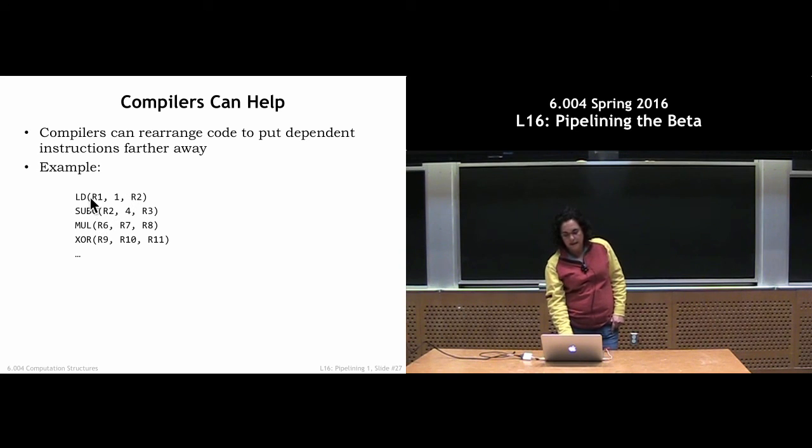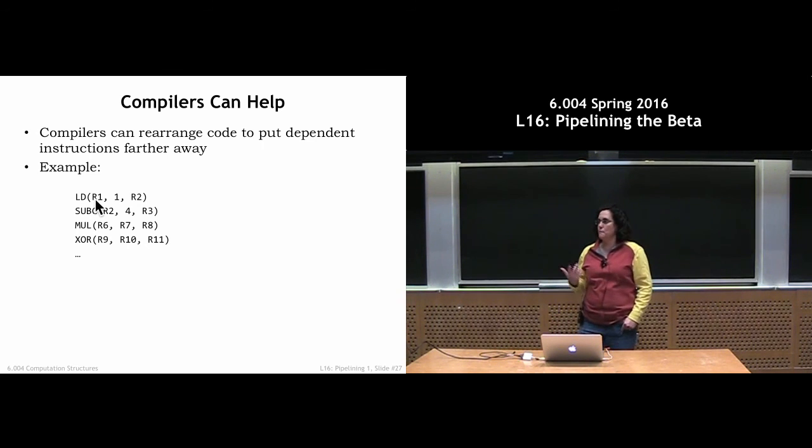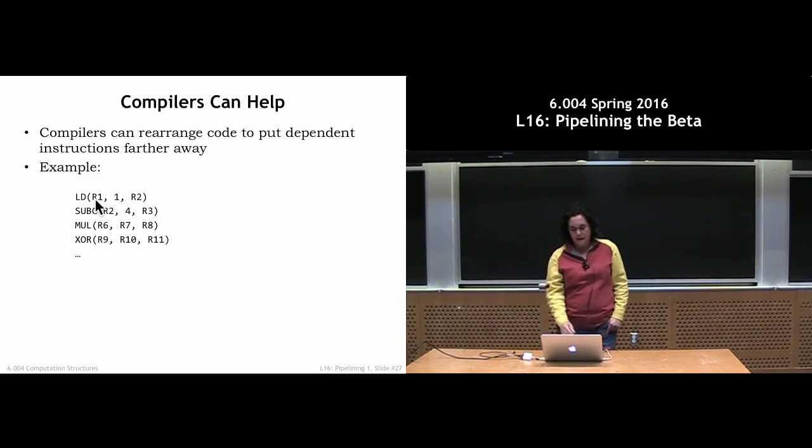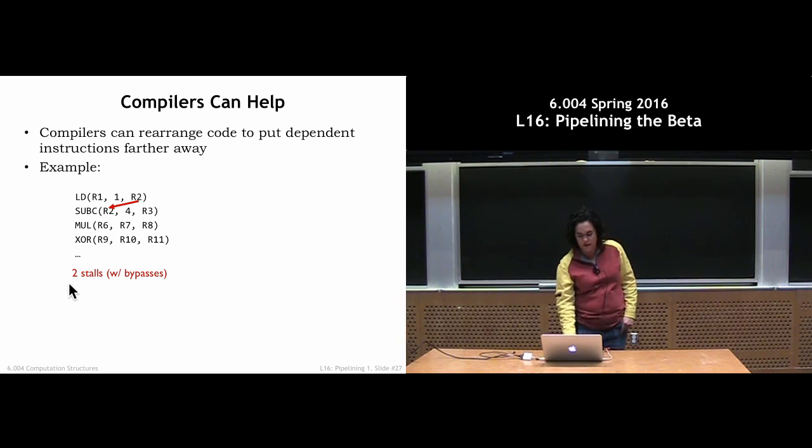But we know that, with a load, you're going to have to insert these 2 stall cycles before you can execute the subtract. So if I look at the behavior of this situation here, I have 2 stalls, assuming that I have full bypass logic.